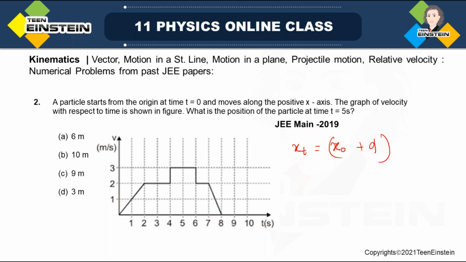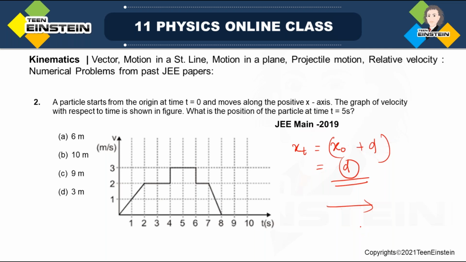This is the position at t is equal to 0. In fact, it is 0 since it is starting from origin. So you have to find out the distance itself, because distance and displacement in case of straight line motion are going to be the same unless it is moving backwards.